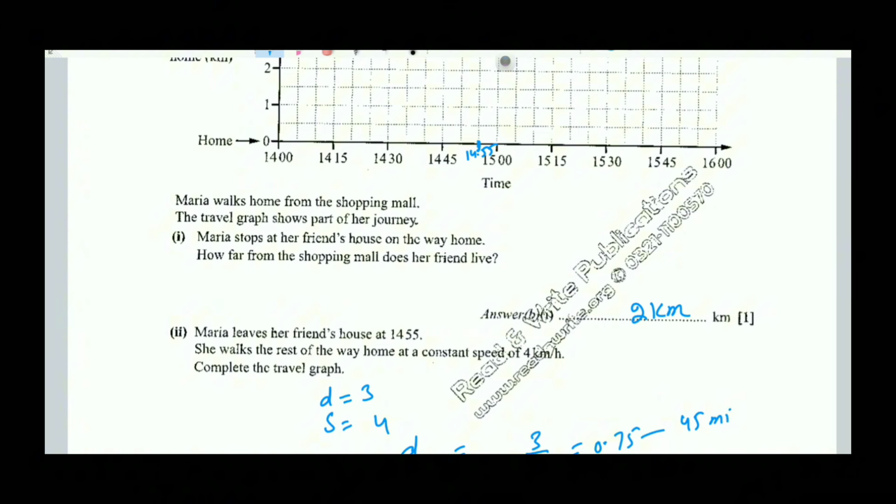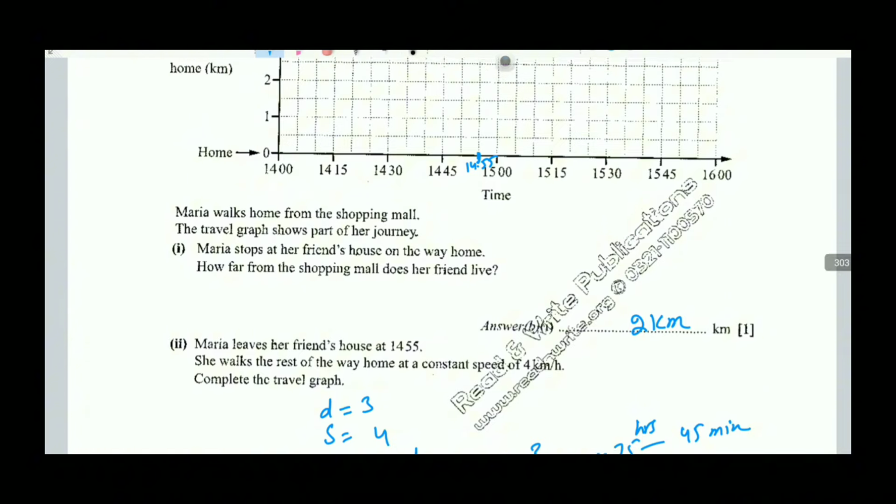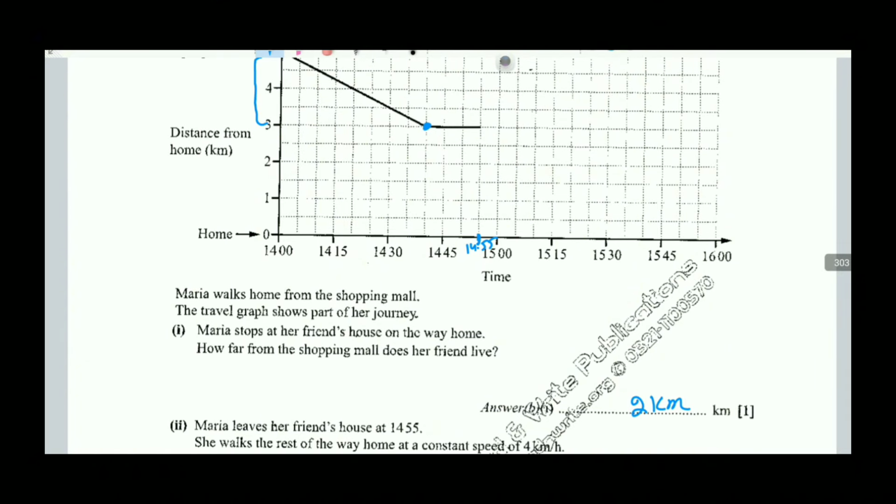45 minutes. 0.75 hours actually, because this is in hours, so you got your answer in hours. If you convert it into minutes, it means 45 minutes. So you will count 45 minutes after 14:55.